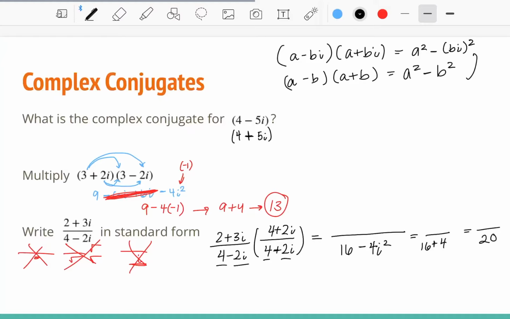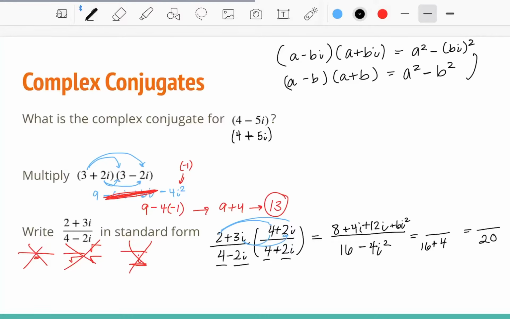Okay, so now I'm going to go back to the beginning and look at the top. I'm going to have 2 times 4, which is 8. I'm going to have 2 times 2i, which is 4i. I'm going to get 3i times 4, which is 12i. And I'm going to get 3i times 2i, which will get me 6i squared. Okay, let's combine like terms.